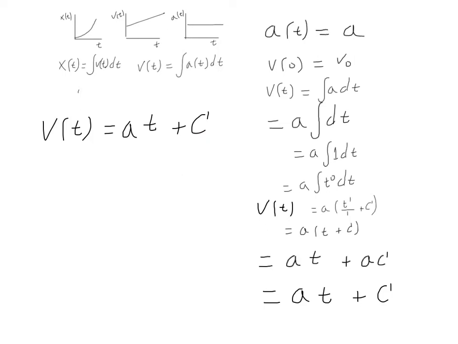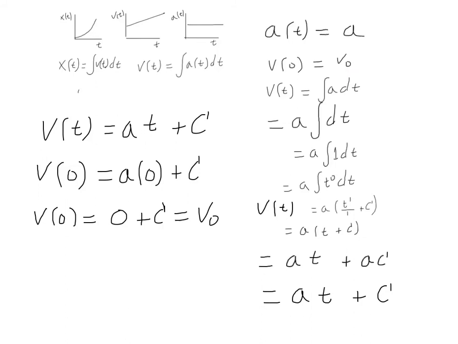But remember in the beginning of the problem I told you, we have a boundary condition, and the boundary condition was v at time equals 0 was supposed to be called v naught. So what we do is we plug in 0 for time, and we're told that when we plug in 0 for time, the equation should equal v naught.